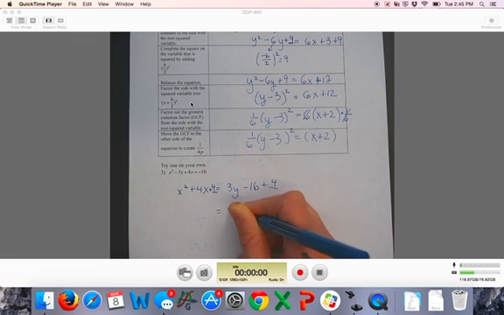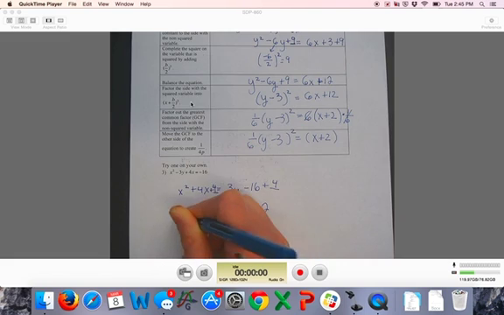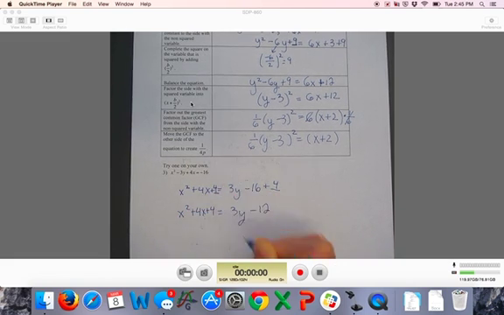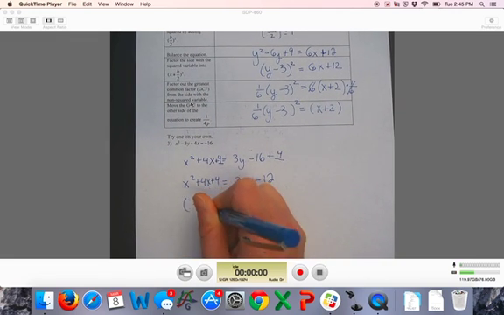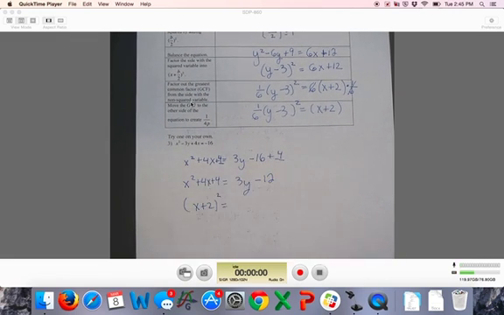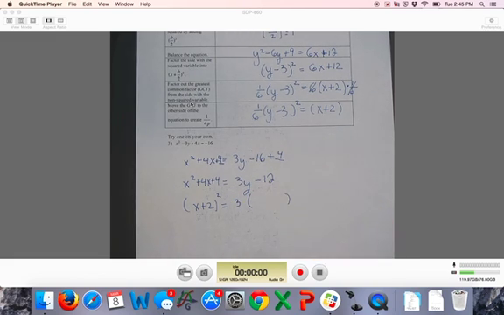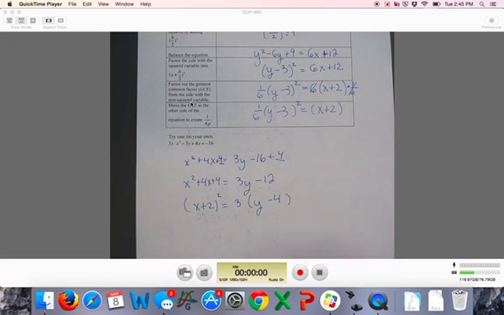When I clean up the right side, I get 3y minus 12, and the left side can stay the same. Then, hopefully you factored this side into (x plus 2) squared, and then factored out the 3, which is the greatest common factor here, and that would get you y minus 4.